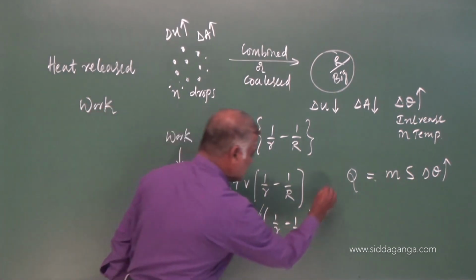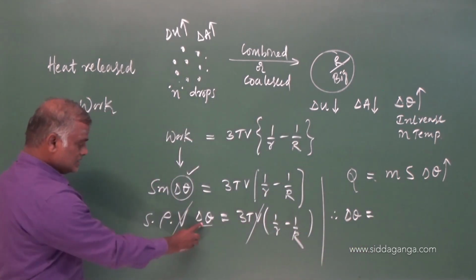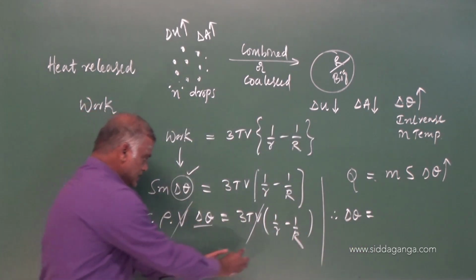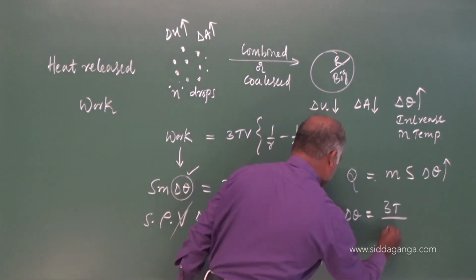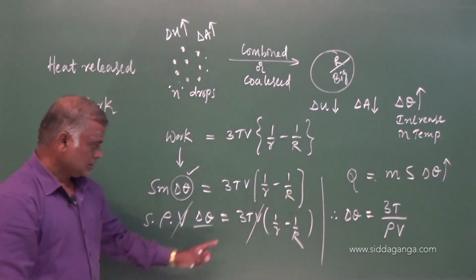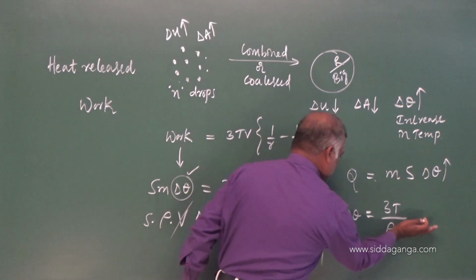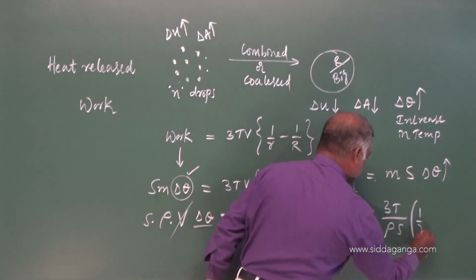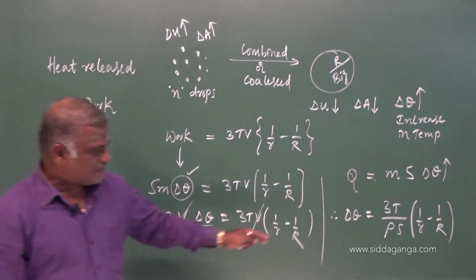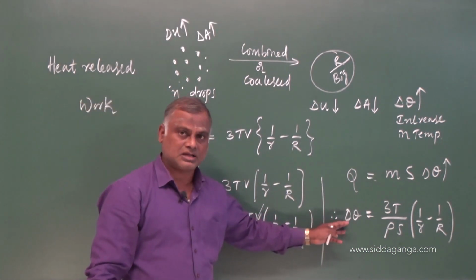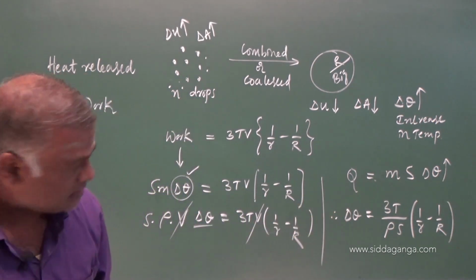Therefore, the rise in temperature delta theta is equal to, this has to be taken in the denominator, 3T divided by rho s into 1 by r minus 1 by R. This type of question is asked in your competitive exams, the rise in temperature.